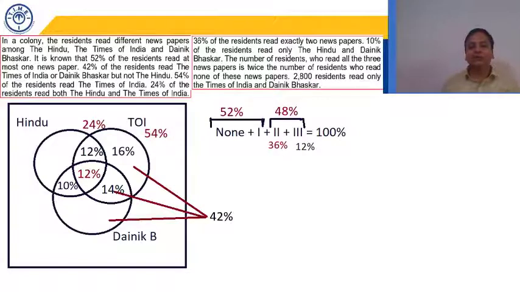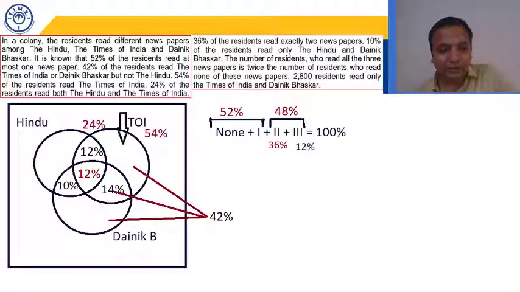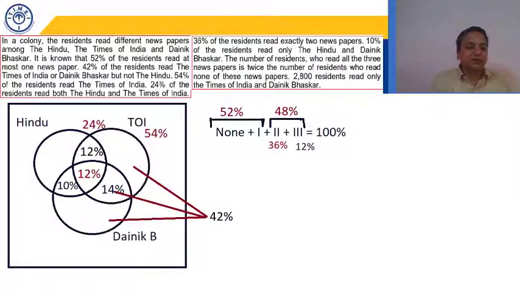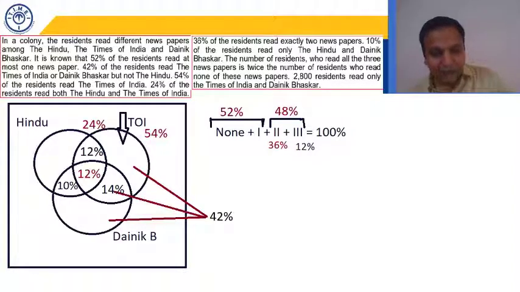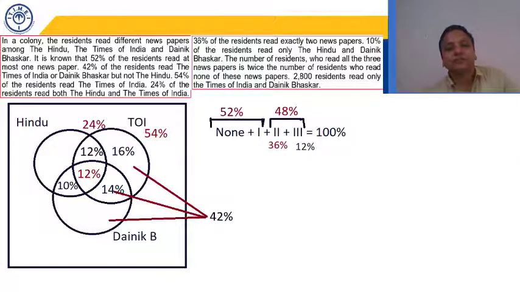So that total becomes 54%. I hope this is clear. Once again, Times of India is 54%. 24% goes out, then remaining is 30%. One region is 14%. So what comes in this region marked with an arrow is 30 minus 14, which is 16%.